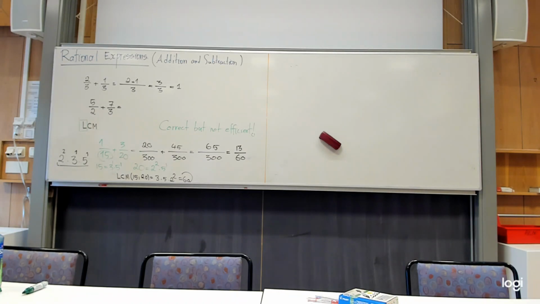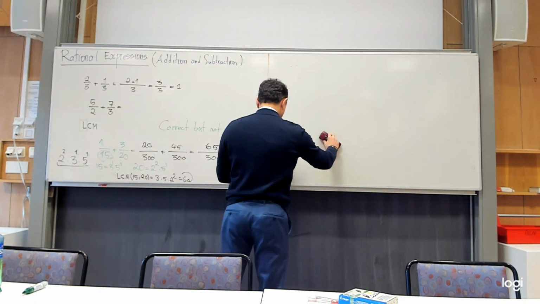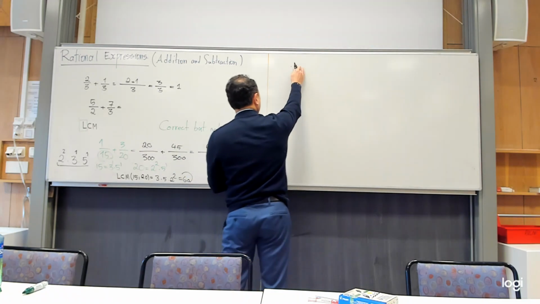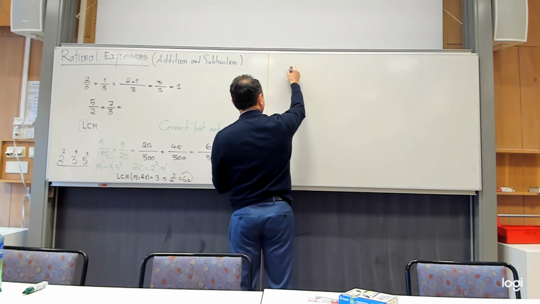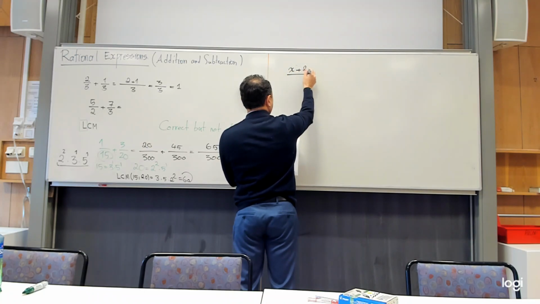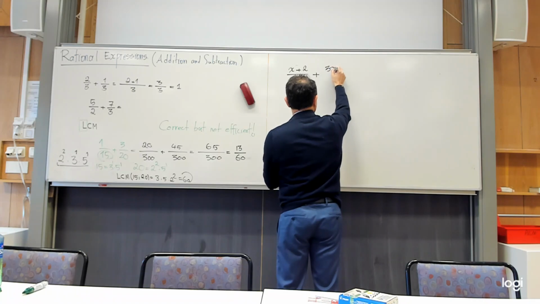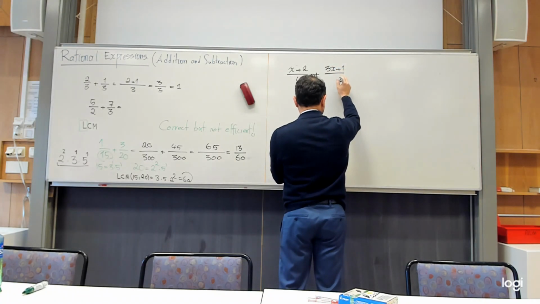And for the subtraction, by the way, it's the same thing. So let me follow this American teacher here. I think these examples are good and simple. So if I want to simplify this: x plus 2 divided by 4, plus 3x plus 1 divided by 3.